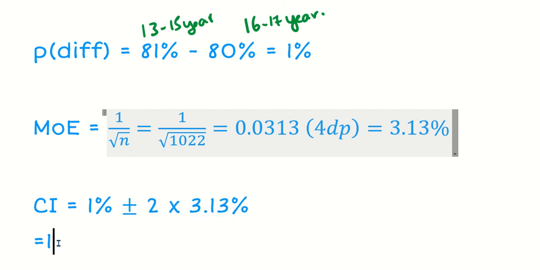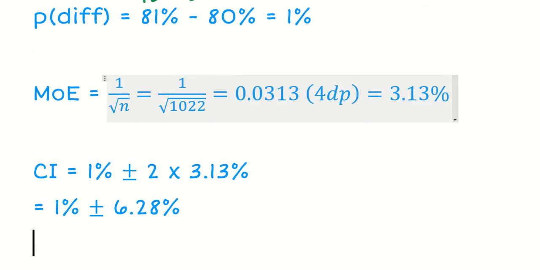So I'm actually going to have my 1% plus or minus, and 2 times 3.13 is 6.26%.